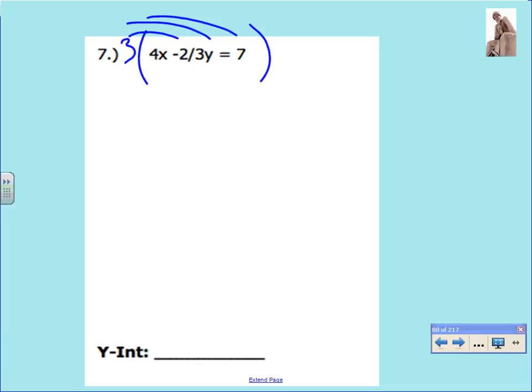You need to make sure you distribute the 3 to every single term. So this changes to 12x minus 2y equals 21. From there, I would take your 0, plug it in for x, solve for y, your y-intercept. If you do it the other way, I would still put it in correct standard form and then convert it to slope-intercept form. Brian, see.